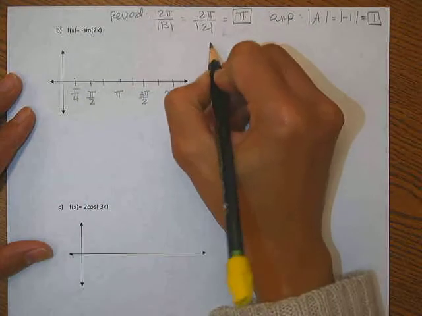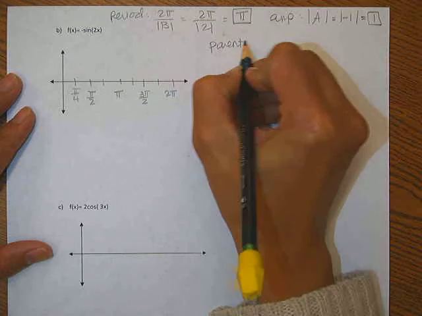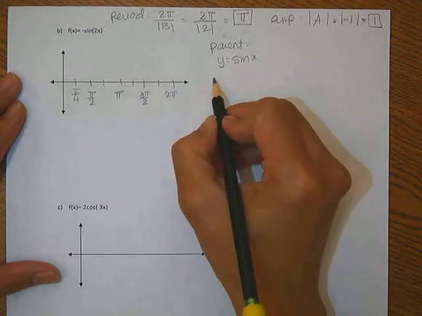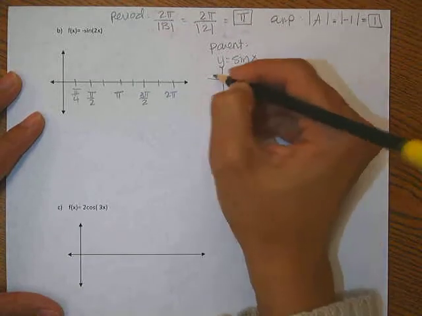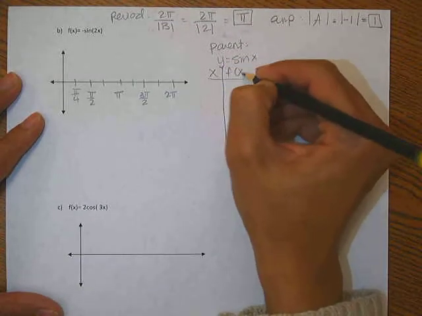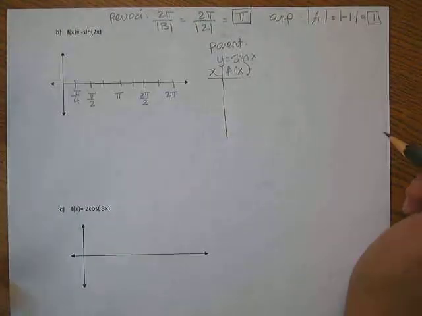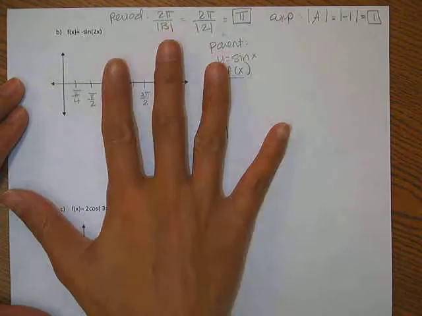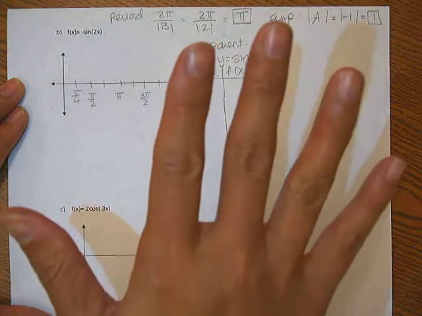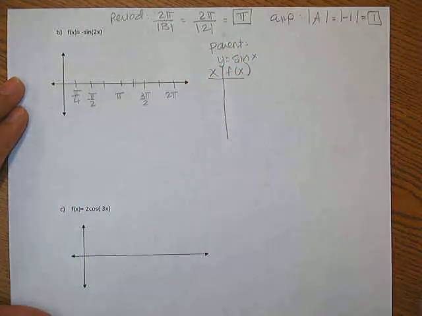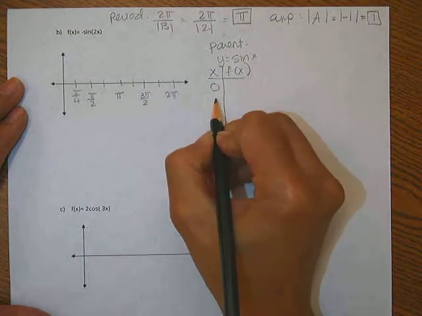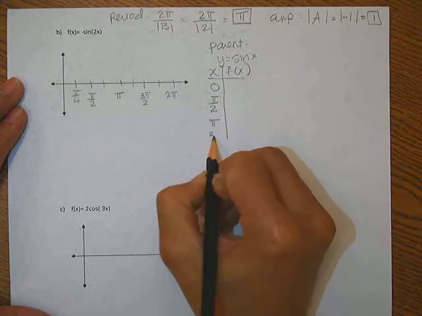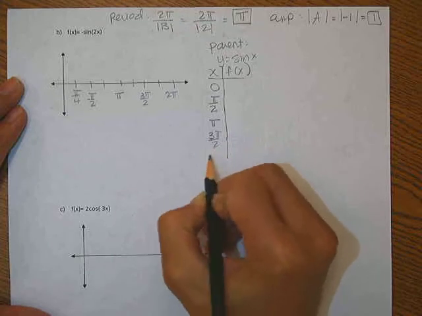So we're going to do the parent function. And if you are not great at making a table of input and output, then copy these down. By the end of the notes, you should be an expert and be able to do this really fast. You need a handful of values, 5. So 0, pi over 2, pi, 3 pi over 2, and 2 pi.